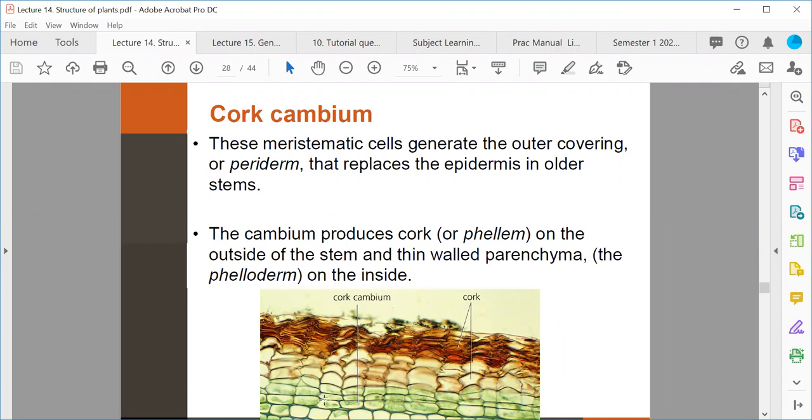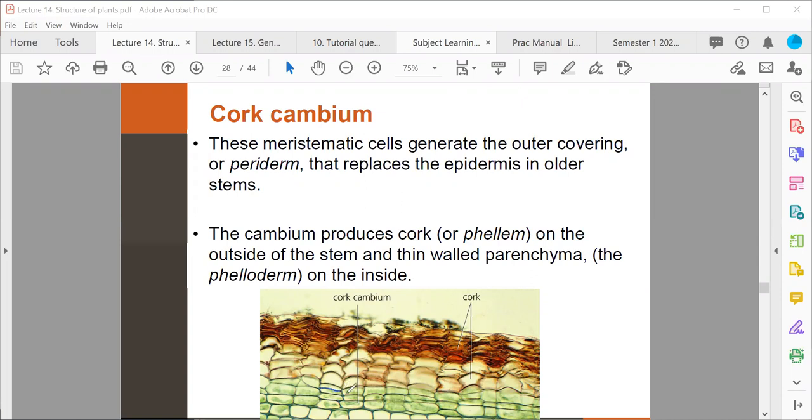So these cell layers here, about 3 cell layers once again, and they divide in much the same way as the vascular cambium. So once again, if we look at this cell here of the cork cambium, they will divide in this direction.